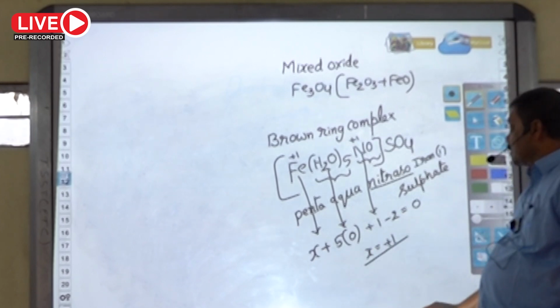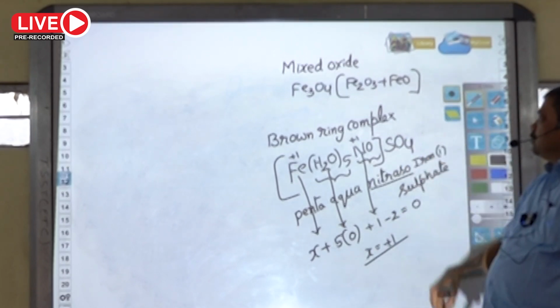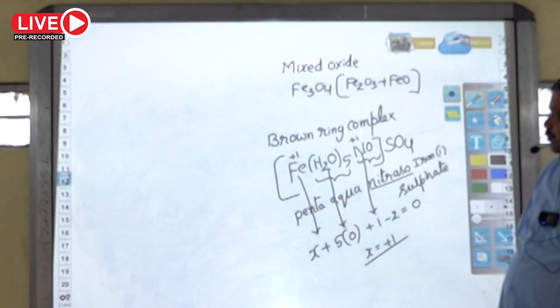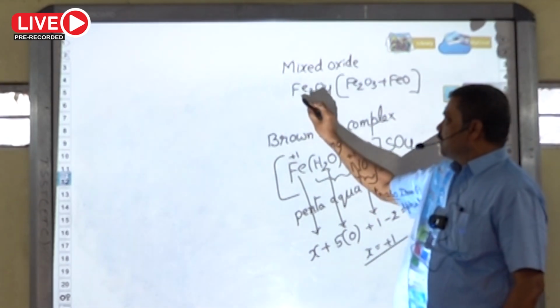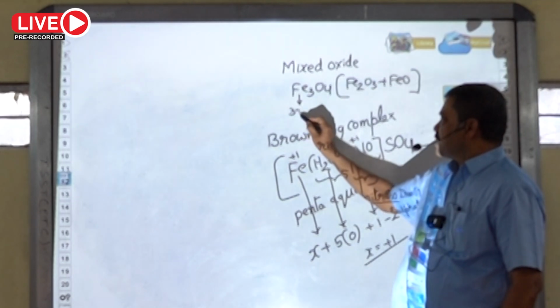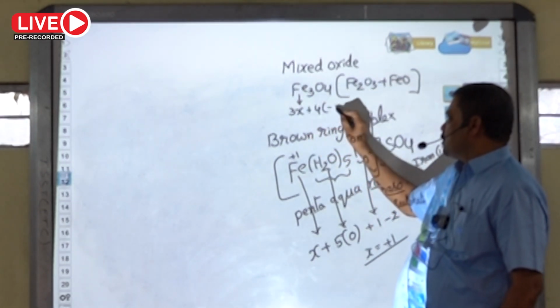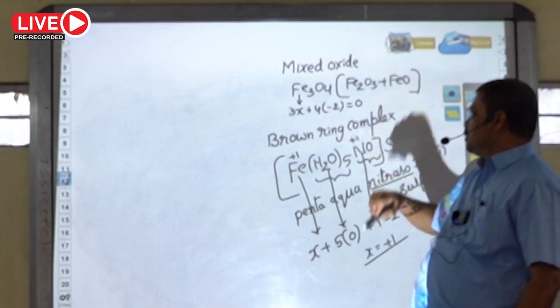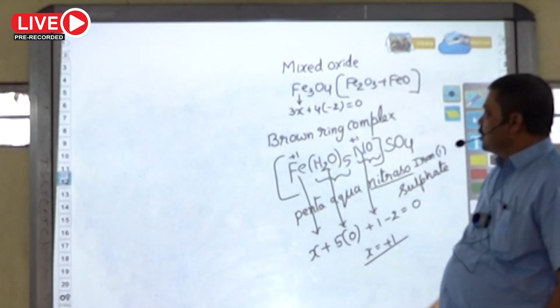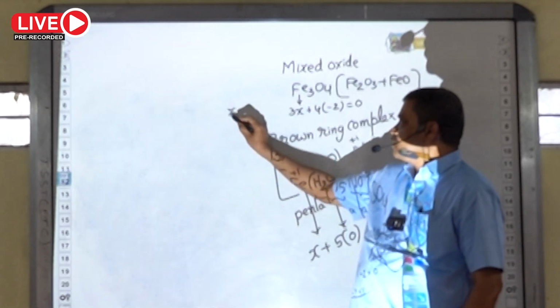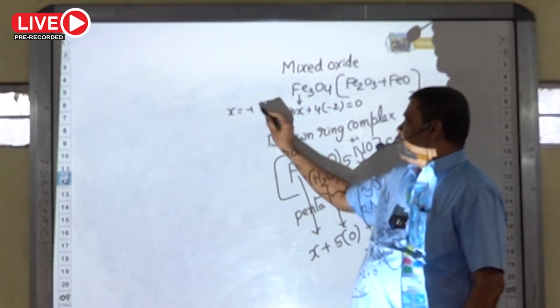So here iron 3x plus 4 into -2 is equal to 0. So x is equal to plus 8/3.